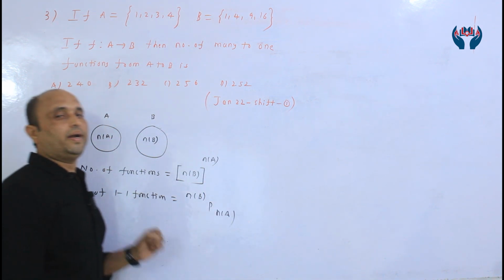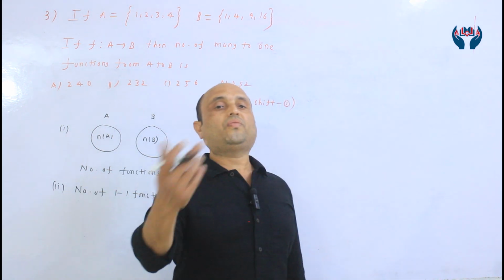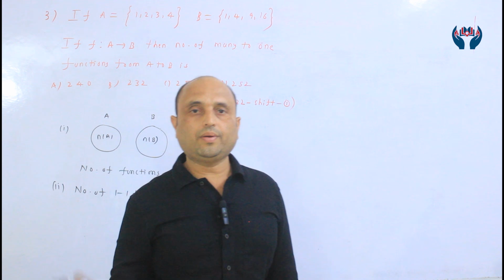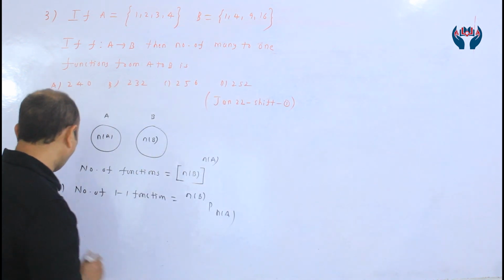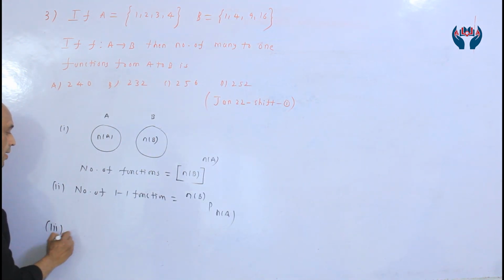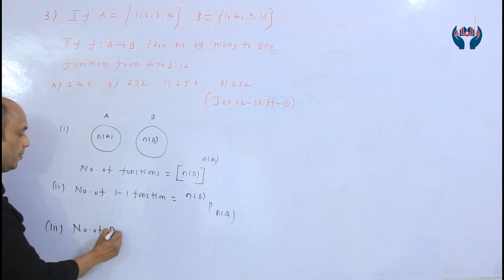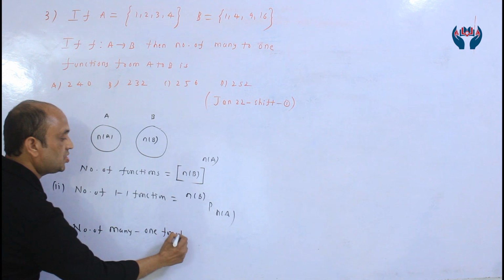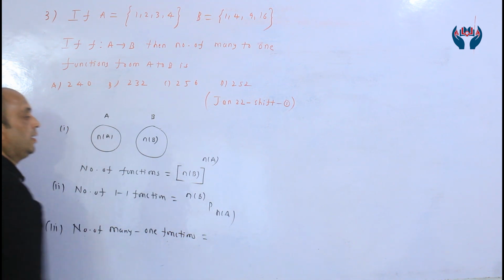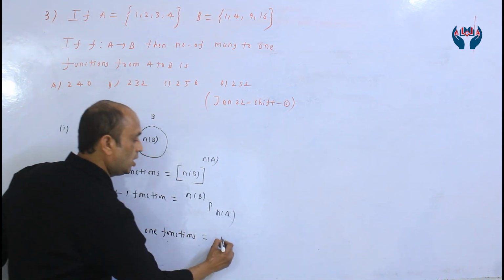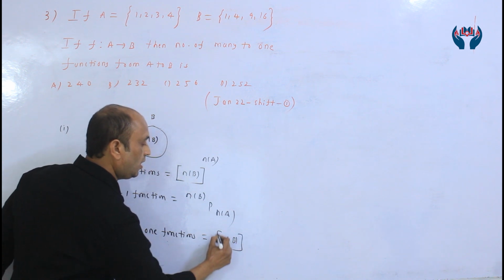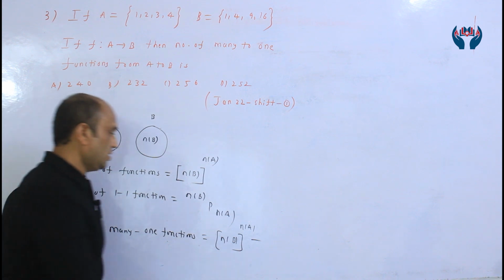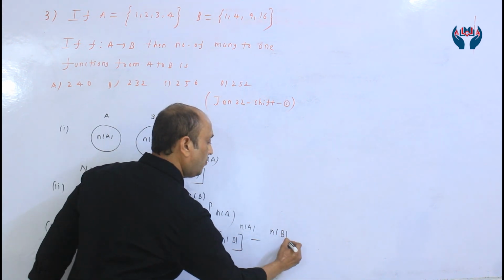Here we want to find the number of many-to-one functions, which means functions which are not one-one. So here is the simple formula: the number of many-to-one functions is equal to first finding the total number of functions, then deleting the one-one functions.